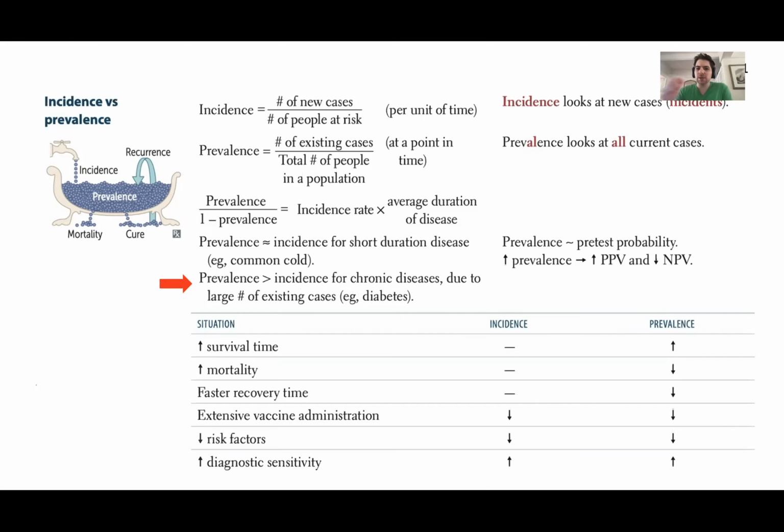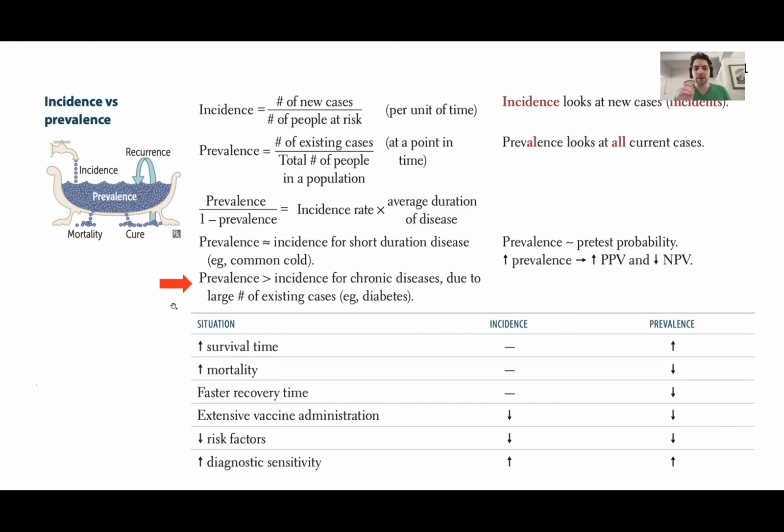But with more chronic diseases, each time you get a new person with the disease, you're adding to the prevalence. So you're not necessarily getting a lot more people, the incidence rate isn't going up very fast, but because these people are living longer, the prevalence of the disease is going up, okay?